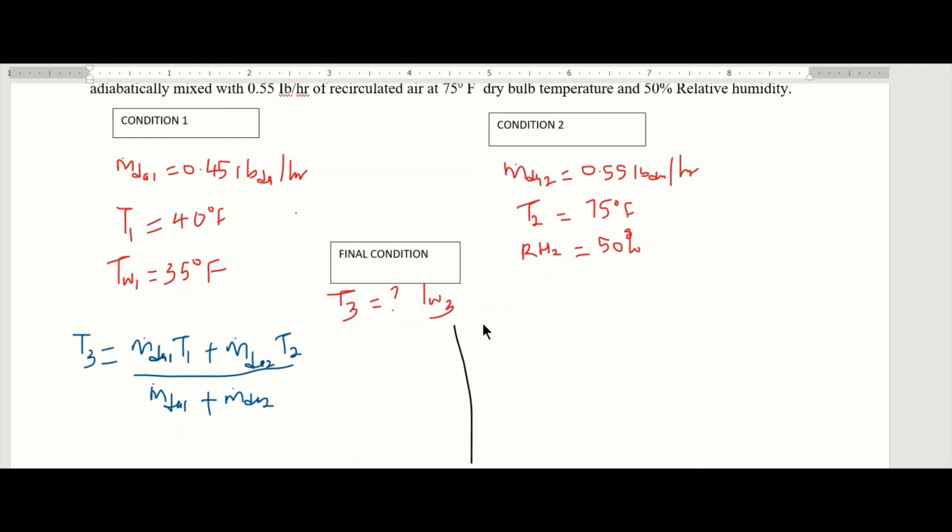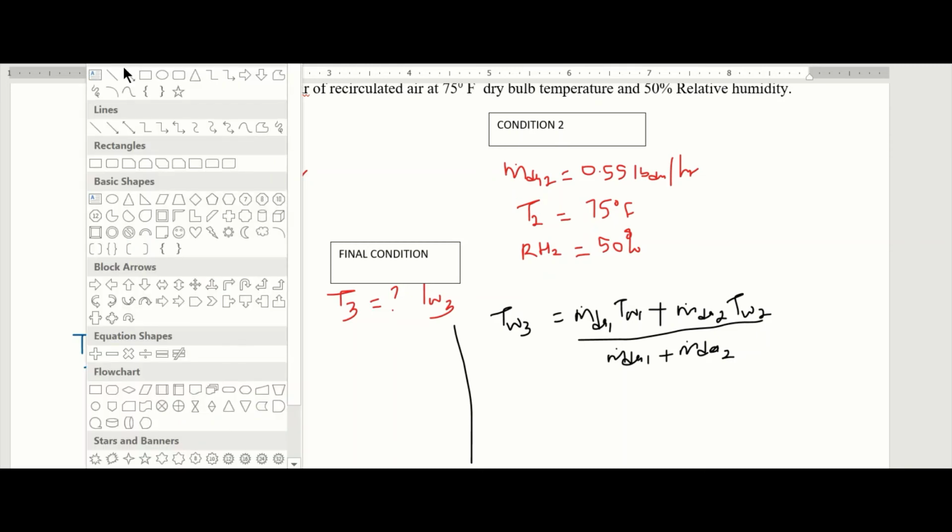TW3, our wet bulb temperature, is equal to the mass flow rate of dry air at state 1 times the wet bulb temperature at state 1, plus the mass flow rate of dry air at condition 2 times the wet bulb at condition 2, divided by the mass flow rate of dry air at condition 1 plus the mass flow rate of dry air at condition 2. So with this we can solve for our final condition.